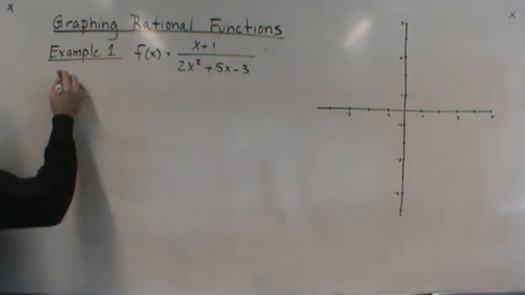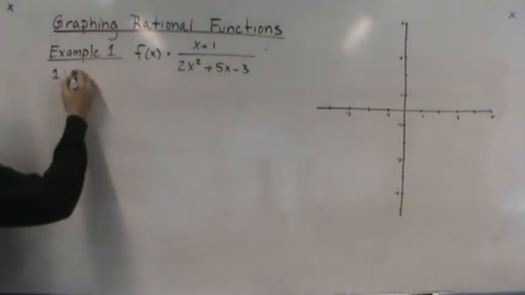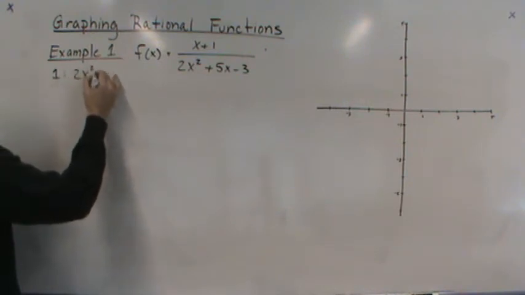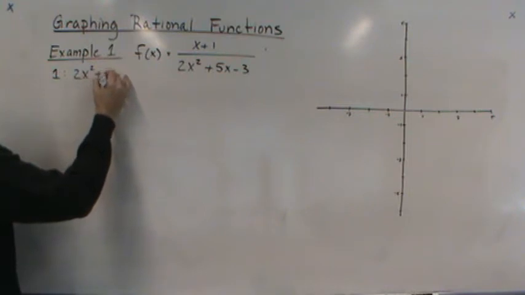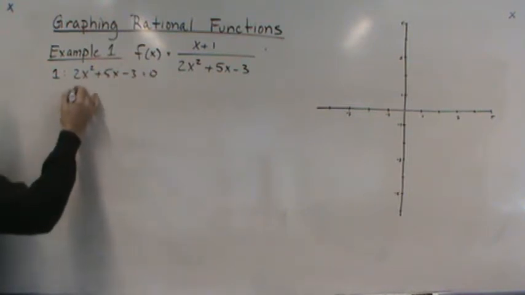Okay, so step 1. We're going to find the vertical asymptote, so we're going to have to solve this equal to 0. Okay, so we want to set 2x squared plus 5x minus 3 equal to 0. So we're going to factor this.